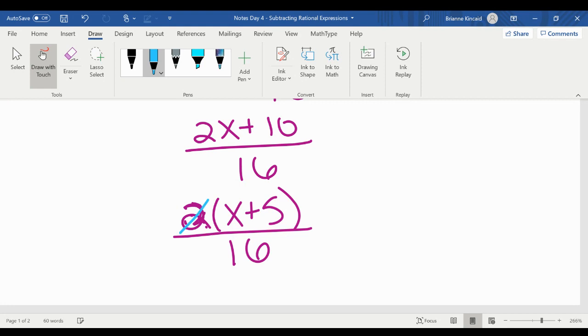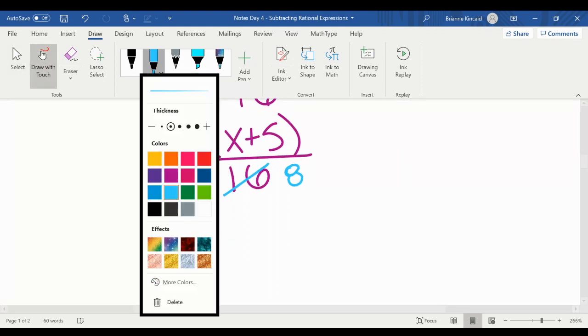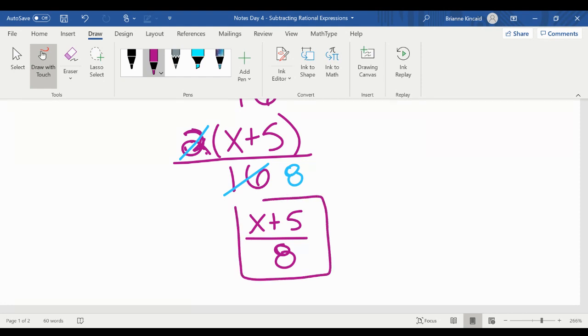So the 2 becomes a 1, which I don't need to write, and the 16 becomes an 8. This is x plus 5 over 8. We eliminated a 2 from the numerator and the denominator, but because there's no variable with that, we don't have any excluded values in this case.